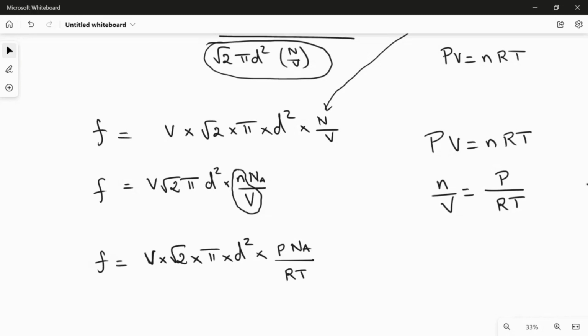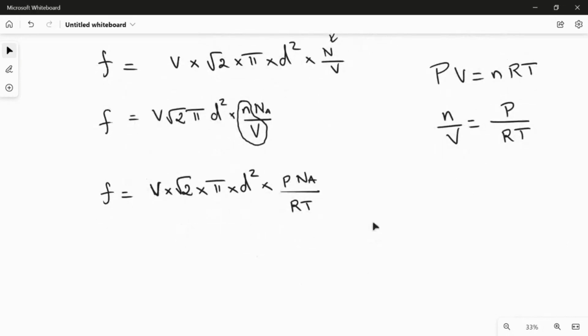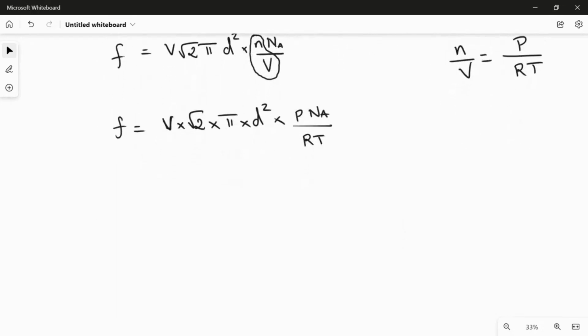Now I am going to substitute the values. We have all the values here, so let's substitute one by one. F is equal to, the speed of sound in air at 0 degrees Celsius is 331. So 331 multiply with root 2 multiply with pi. And what is the diameter of the molecule?